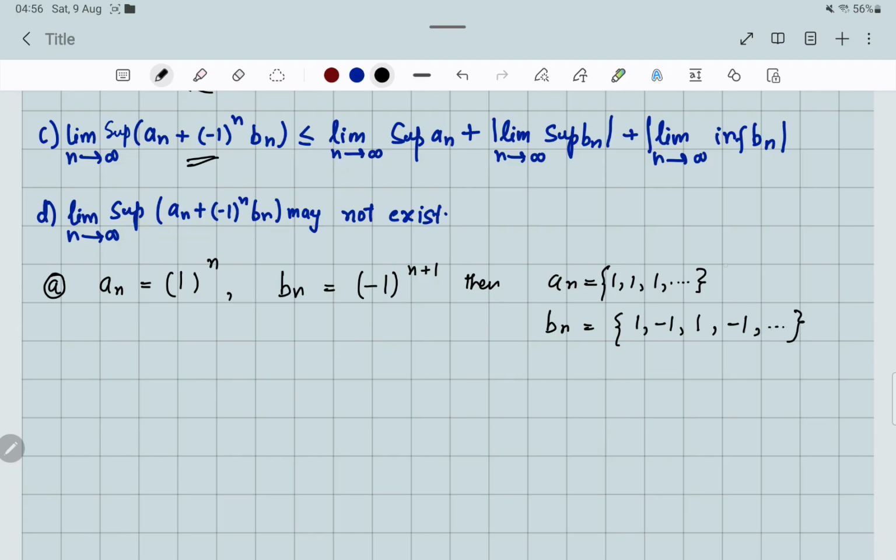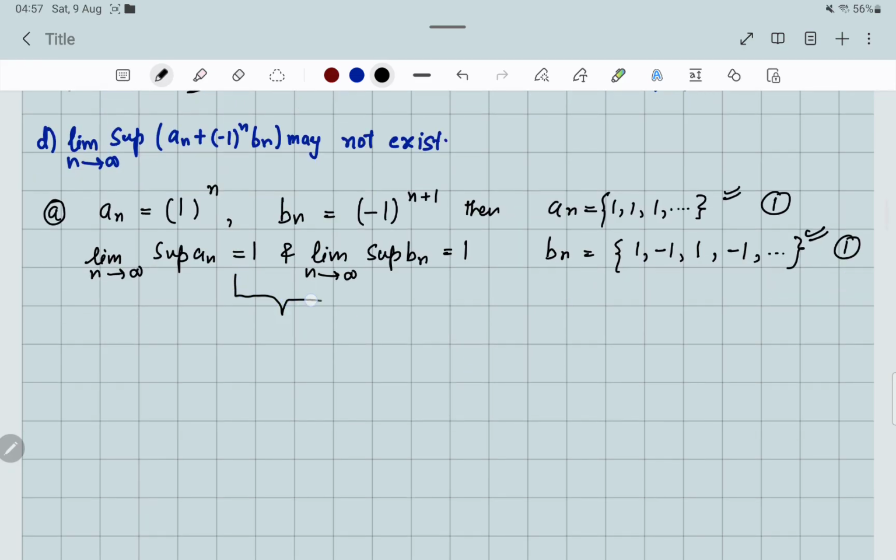Now what is the supremum over here? 1. And what is the supremum over here? It is also 1. So limit supremum a_n equals 1, and limit supremum b_n is also 1. Their sum is nothing but 2.